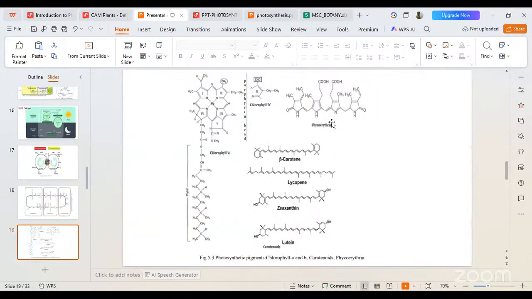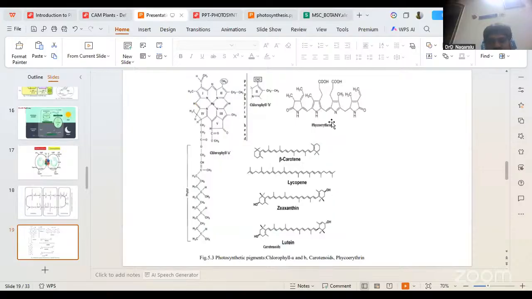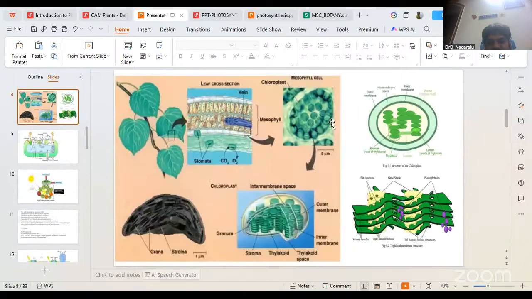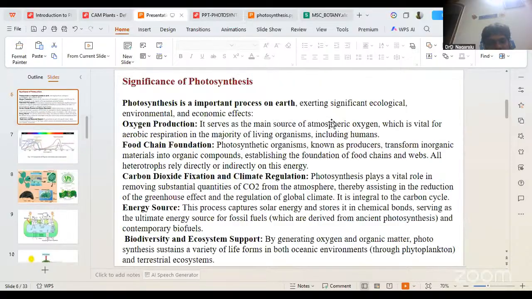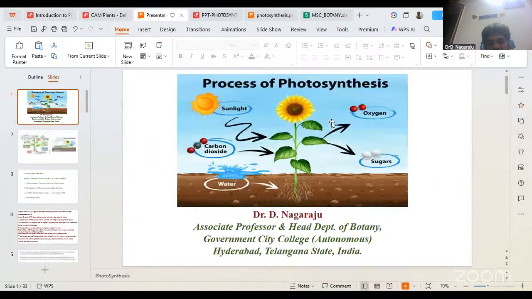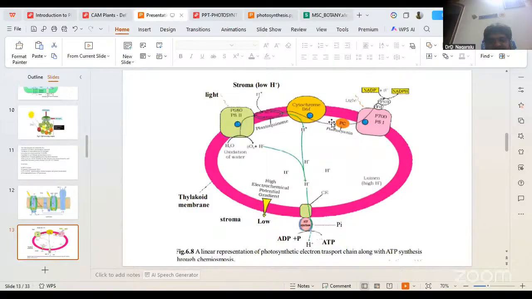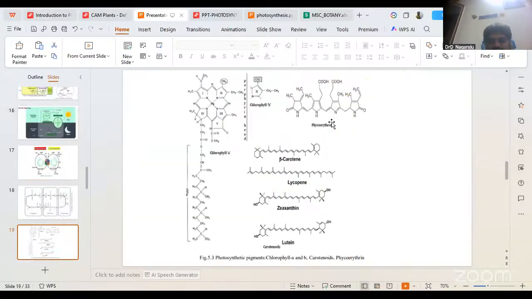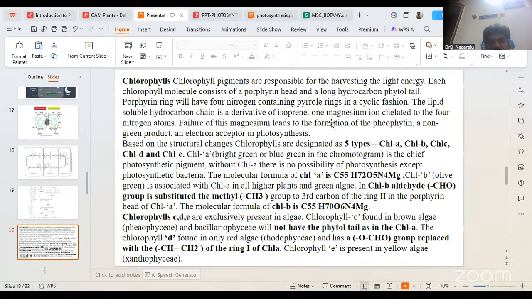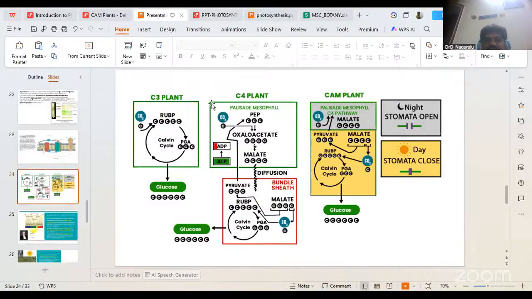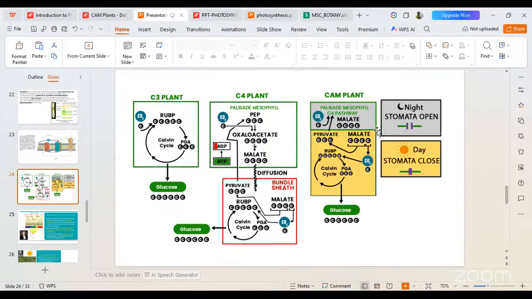Three different cycles are there in the dark reaction.